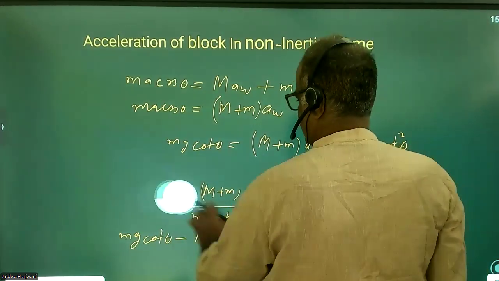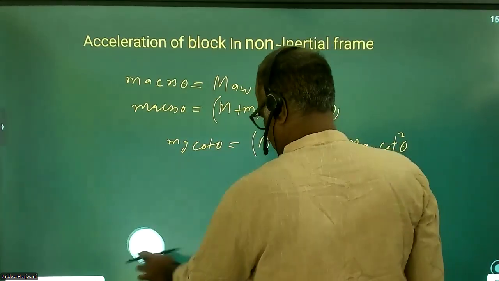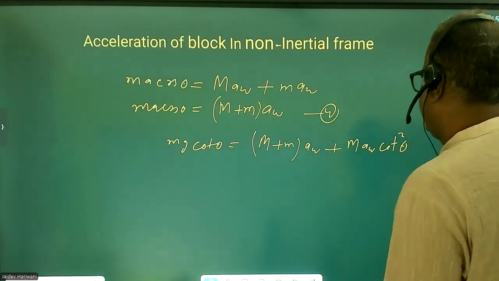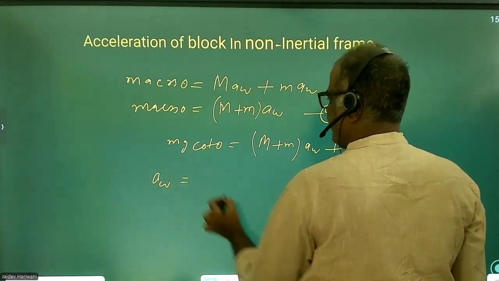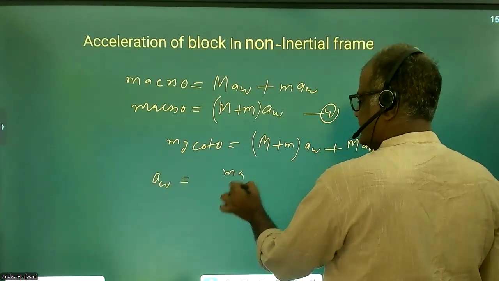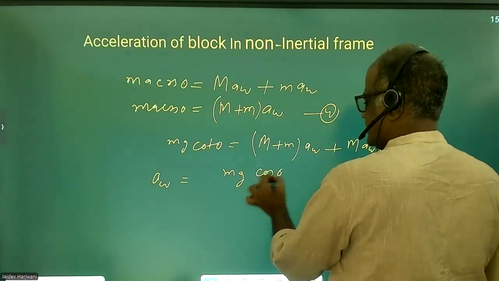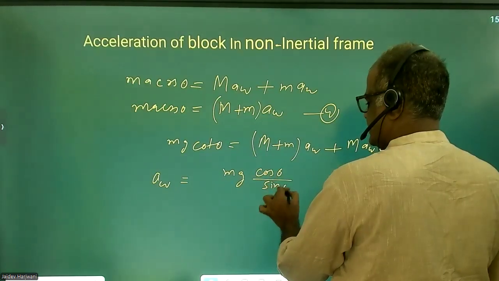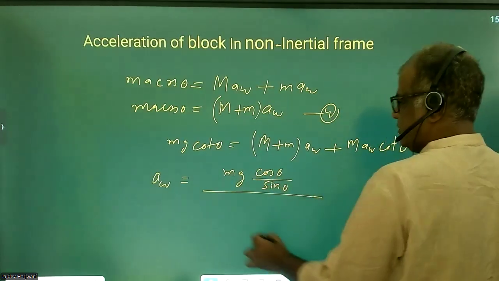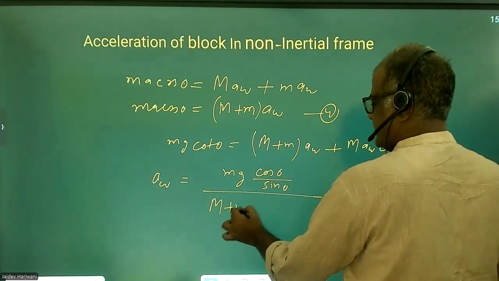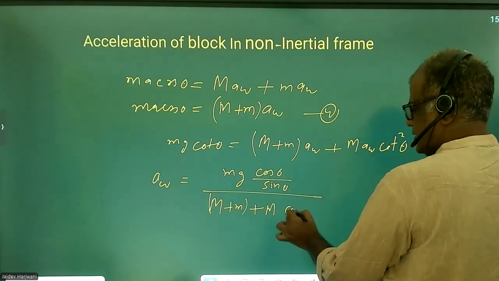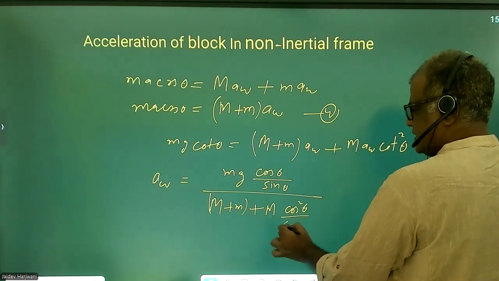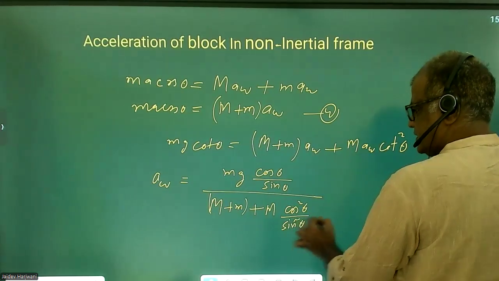Now the acceleration of the wedge is equal to mg cos theta upon sine theta, upon M plus m plus M cos square theta upon sine square theta.